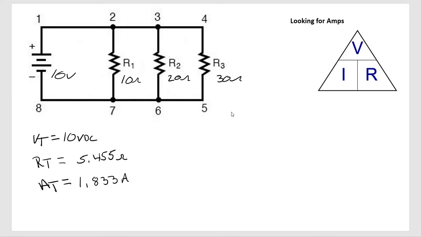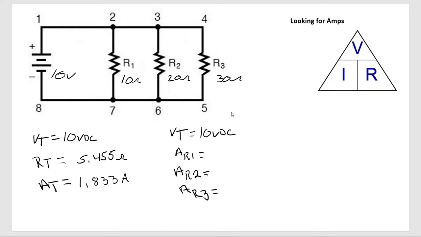Now I can also find amps a different way. I can find amps for each branch. So if we remember, our volts total, which is on every single load in here, is going to equal 10 volts DC. Now I can find the amps for R1, amps for R2, and amps for R3. And that's really easy.